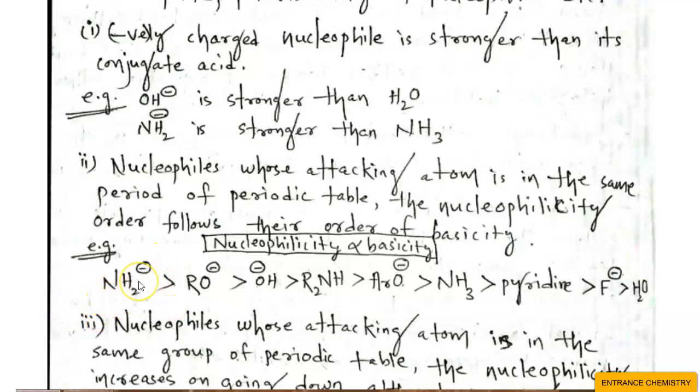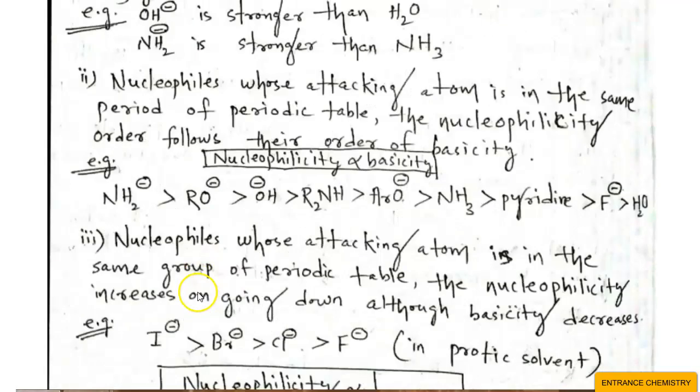Here NH2 minus is here, and the attacking atom is N. In OR minus, the attacking atom is O. Among NH2 minus and OR minus, the nucleophilicity of NH2 minus is greater than OR minus, because the basicity of this is greater than the basicity of OR minus. And the other nucleophiles follow this order.